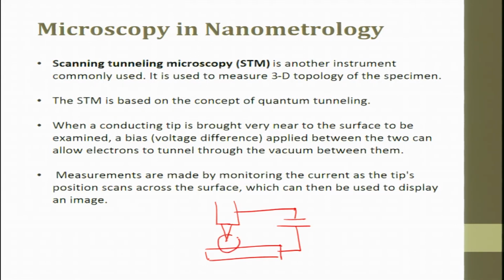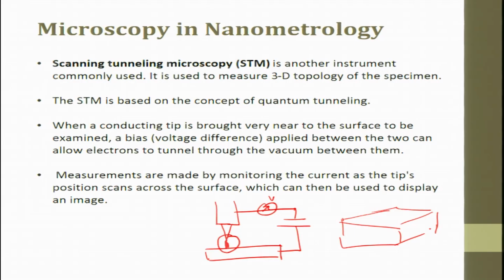The distance is so close that you will have a tunneling current which jumps from here to here, and that is measured in the voltmeter. Then we measure the distance, and knowing the distance we can superimpose and get a 3-dimensional image of the surface, at nanometer scales.